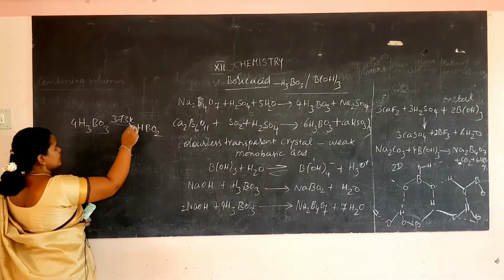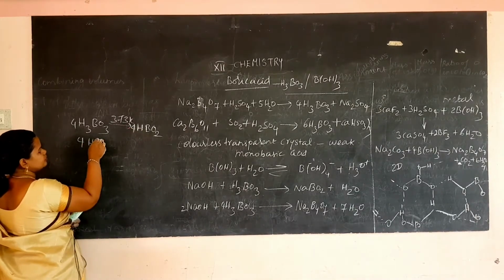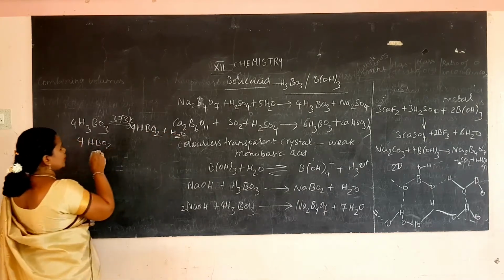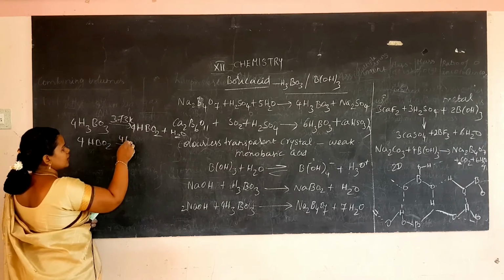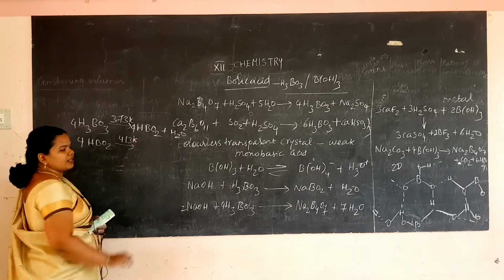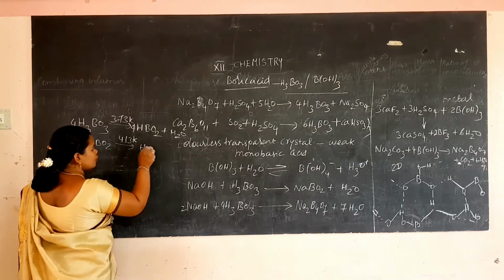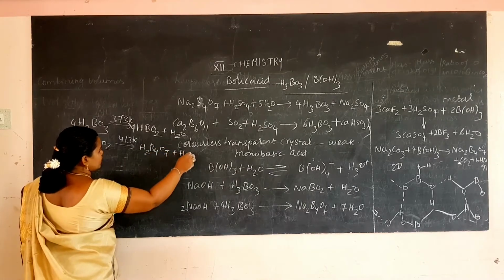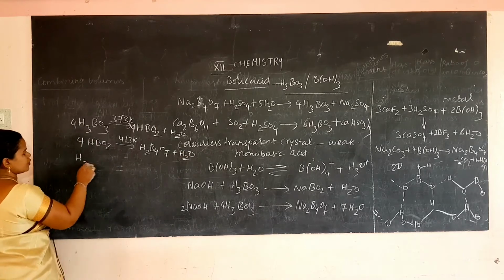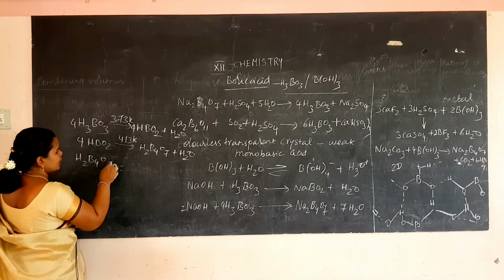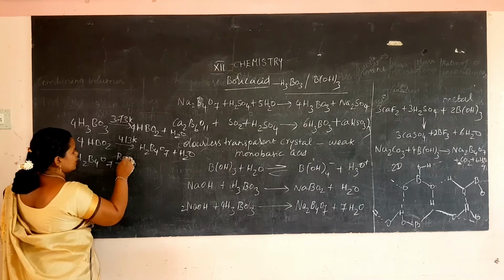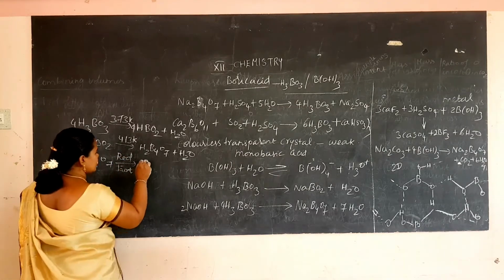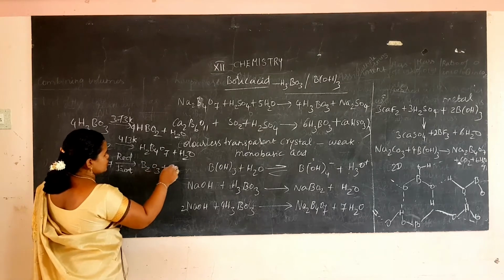Then this metaboric acid, when heated at 413 Kelvin, gives H2B4O7 plus water. Then this H2B4O7, under red hot conditions, extreme heat, gives rise to boric anhydride plus water, B2O3 plus water.